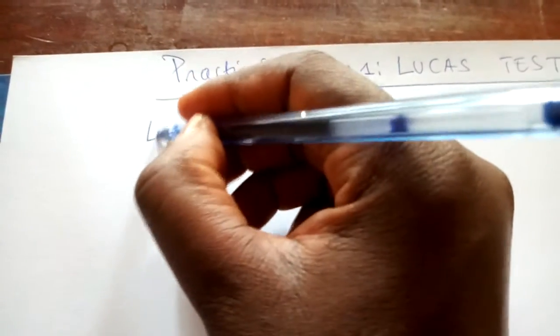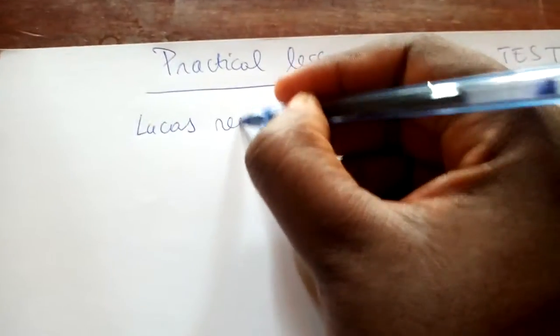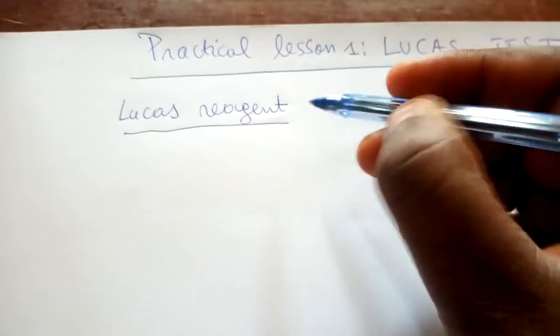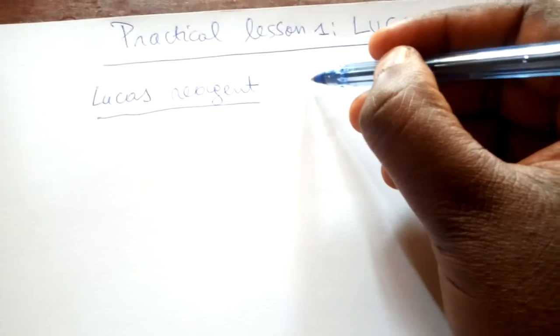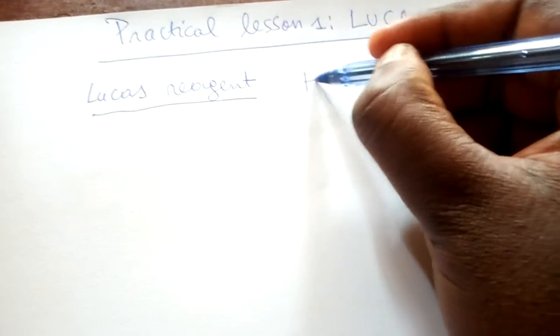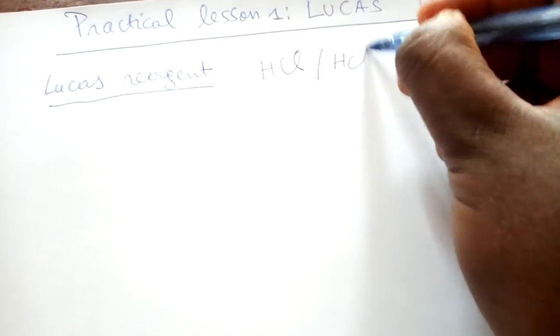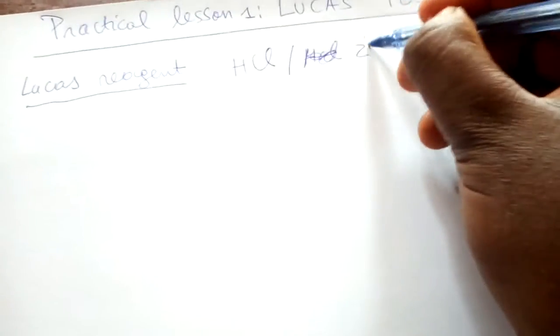First of all, we use Lucas reagent. Lucas reagent is a reagent prepared by taking hydrochloric acid mixed with, combined with zinc chloride, which is called anhydrous zinc chloride.